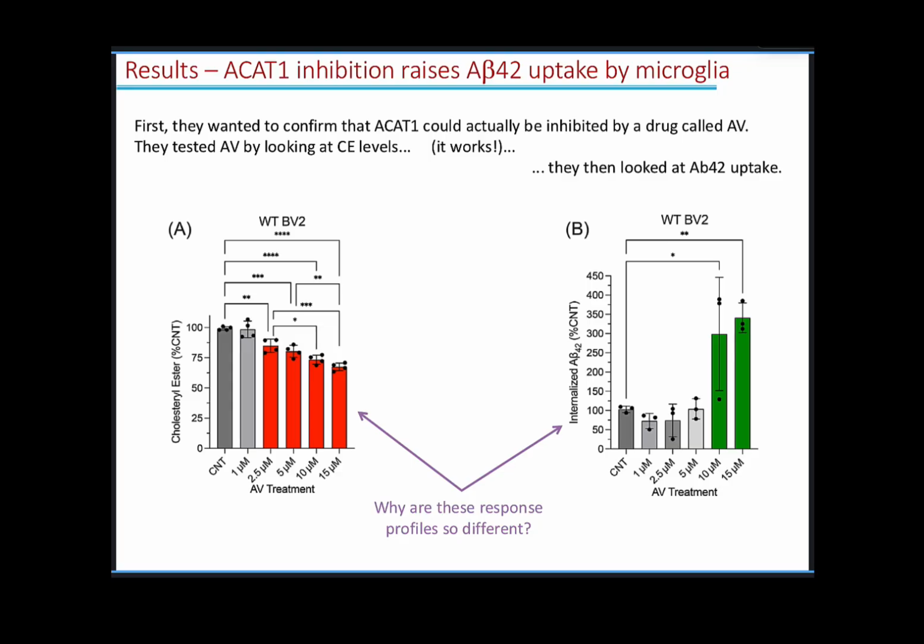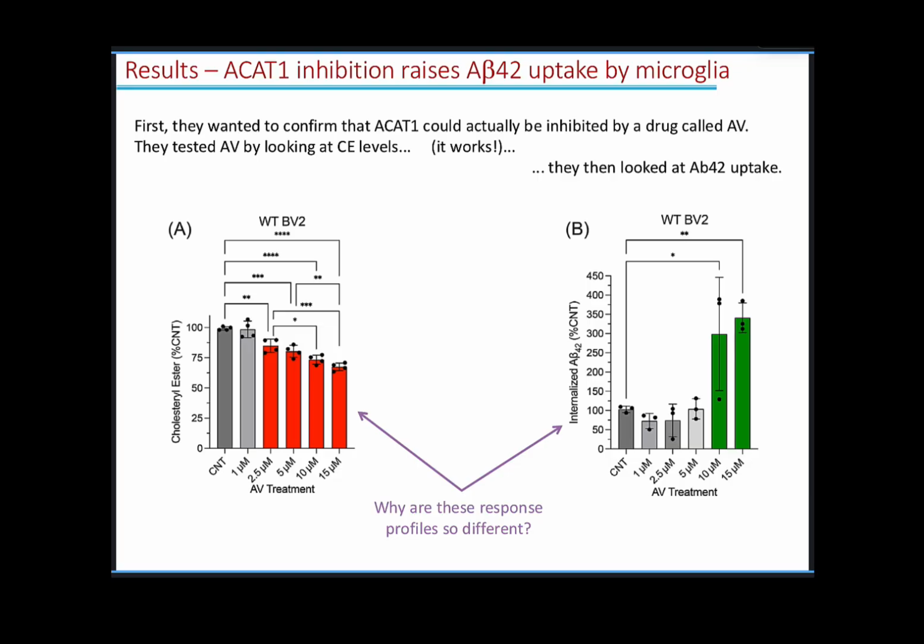So they went for phenotypes, and remember that what they're interested in is the potential function of this enzyme ACAT1 in internalizing A-beta peptides and clearing them. A-beta peptides are typically cleared by microglia in the brain, so they're interested in how much microglia will uptake and clear A beta peptides, right?